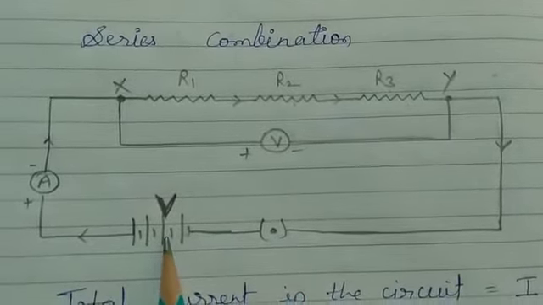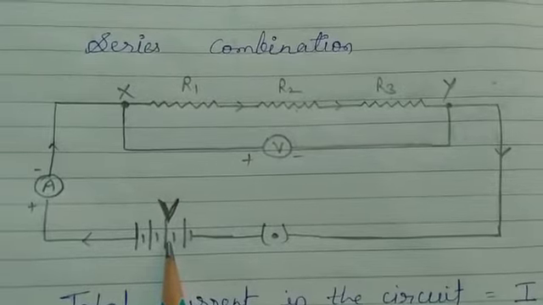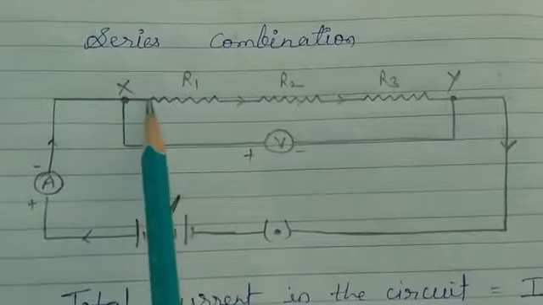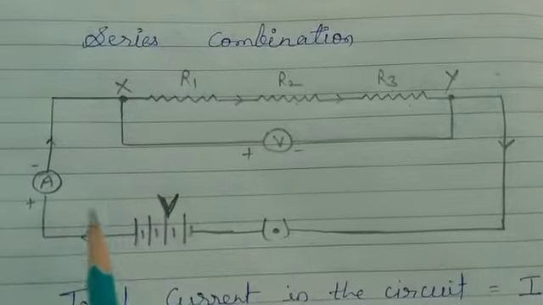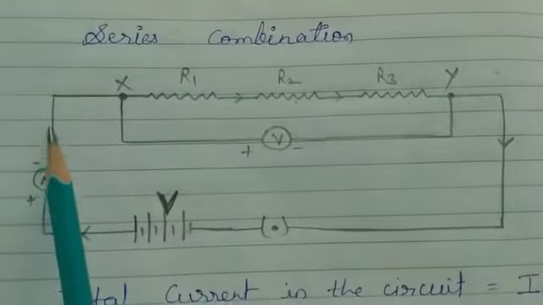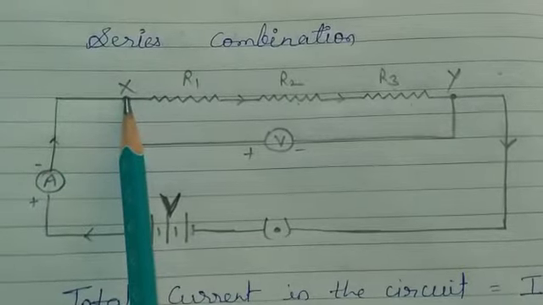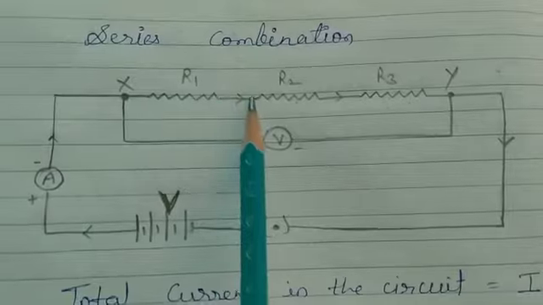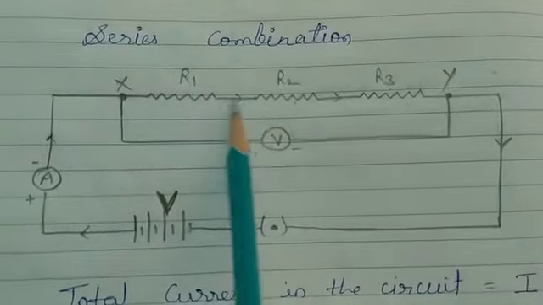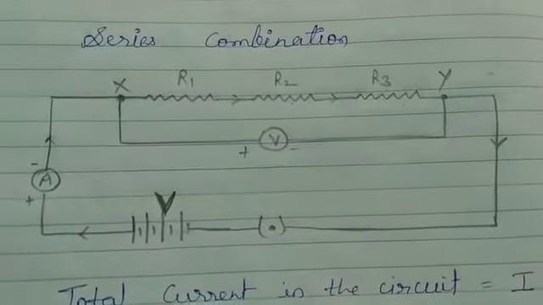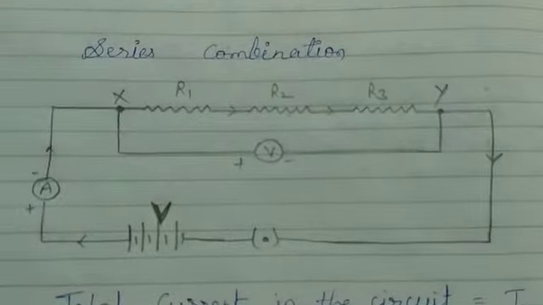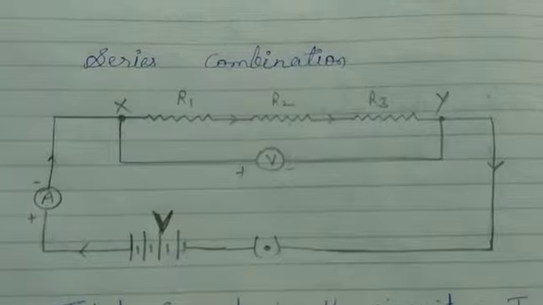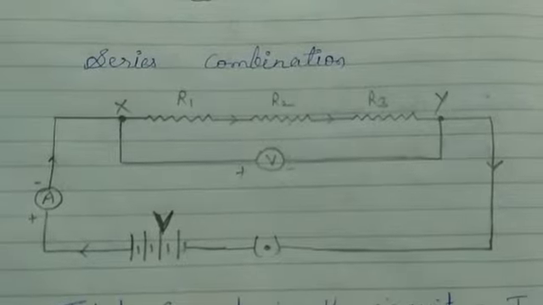Here the source is the battery. From the battery, R1 is at a particular distance, but R2 is at more distance, and R3 at even more. So R1, R2 and R3 are at different distances from the source.